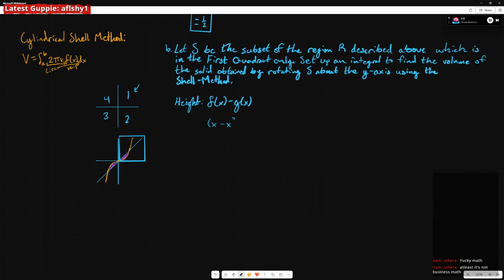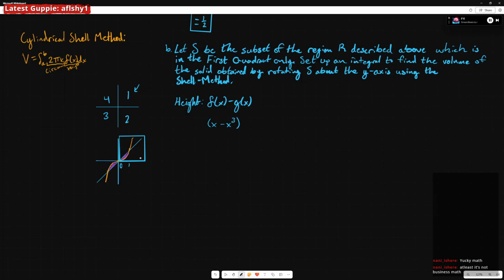Our height is x minus x cubed, like we did before. And then our integral is just going from 0 to 1.